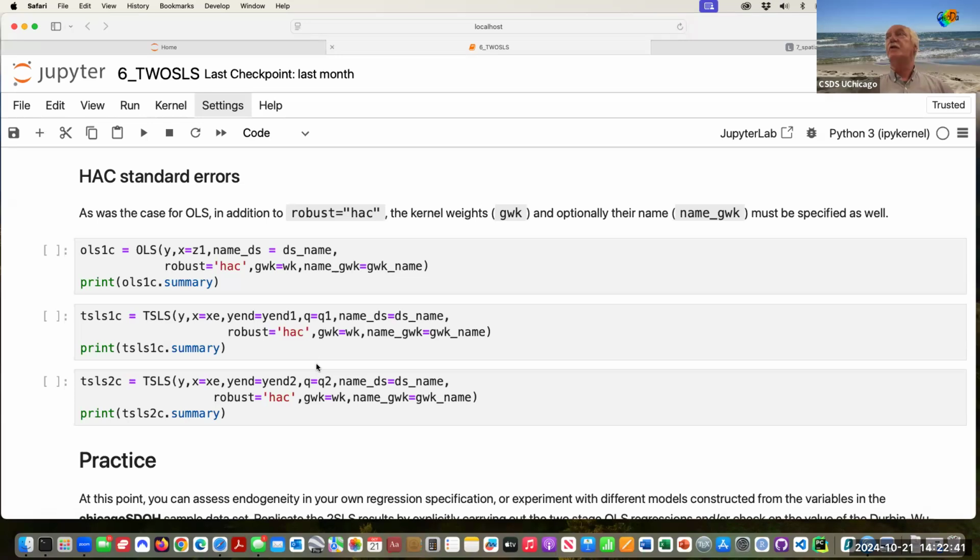You run a two-stage least squares with HAC standard errors, and you have corrected for spatial autocorrelation of unknown form. Where this will come in handy is when we run a spatial lag model, and we might suspect that there is remaining autocorrelation in the error terms.